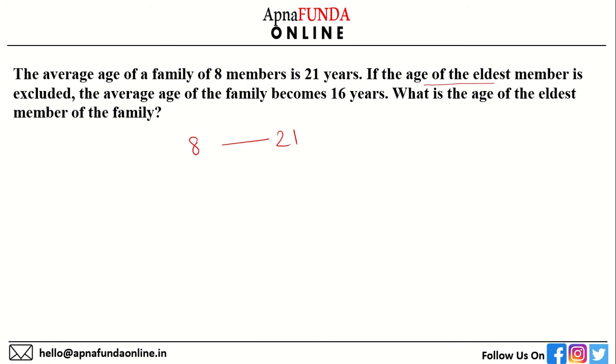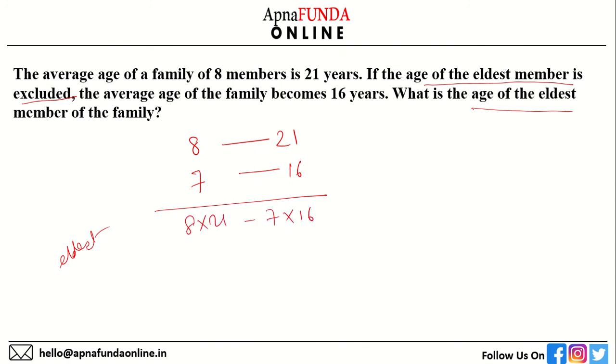If the age of the eldest member is excluded, that means now the number of family members are 7 and the average age of these 7 people becomes 16. So what is the age of the eldest member? It's very simple. The way to find it is 8 into 21 minus 7 into 16.